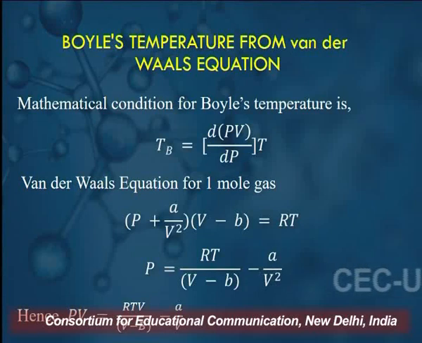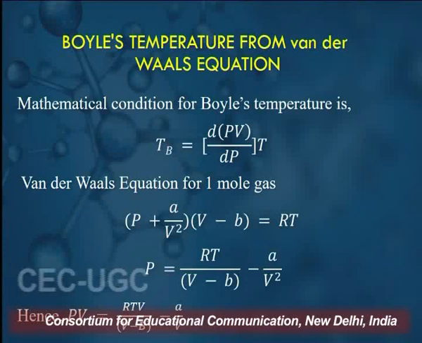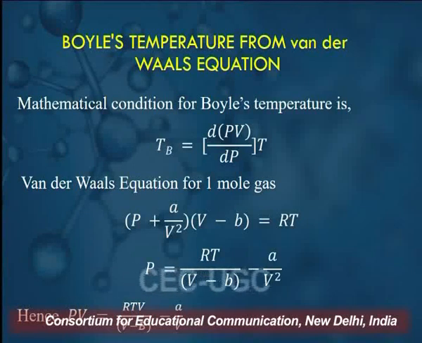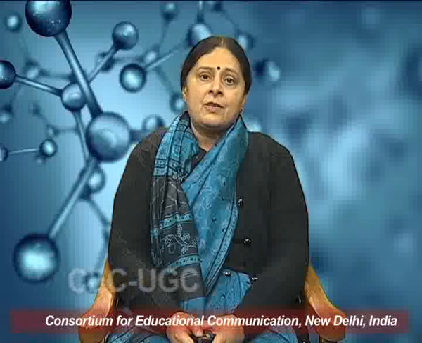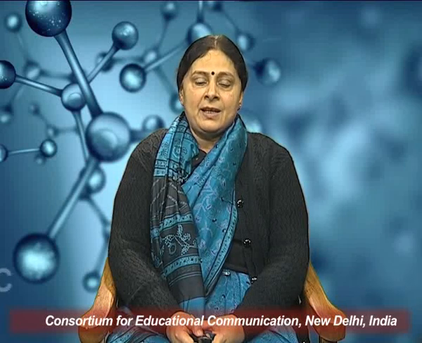Now let us calculate the Boyle's temperature for a van der Waals equation. To calculate the Boyle's temperature, we know the general condition is T_B equal to d(PV)/dP at constant temperature. That is, we are taking the differential of PV with respect to P at constant temperature. The van der Waals equation for 1 mole of gas is (P plus a by V square)(V minus b) equal to RT.